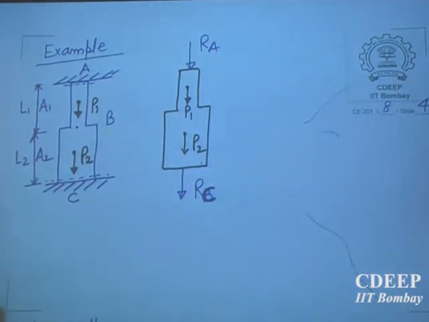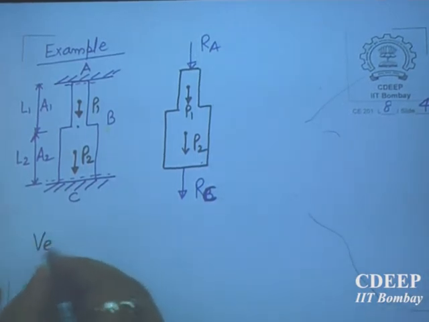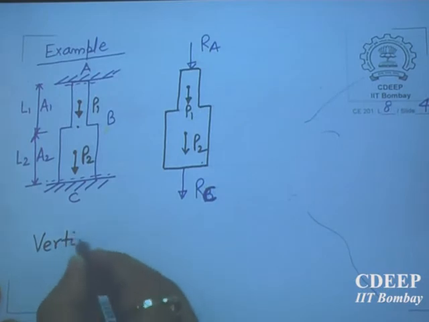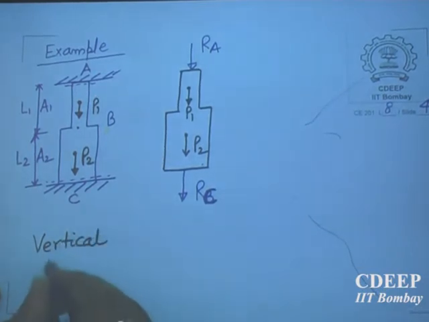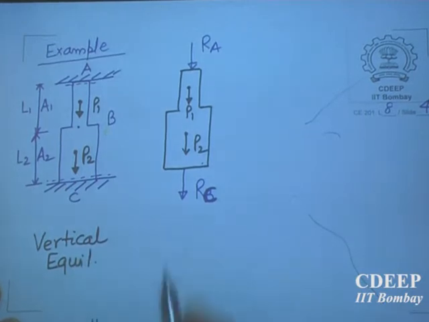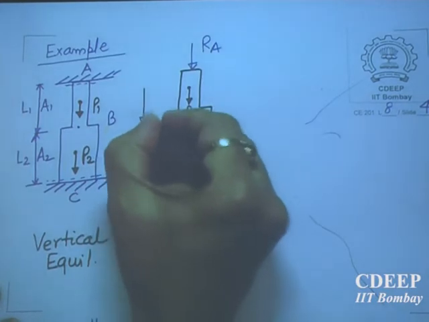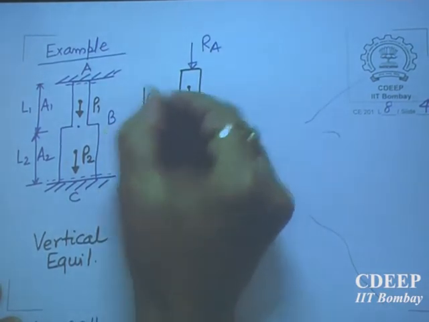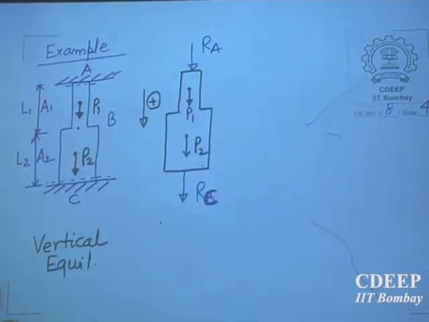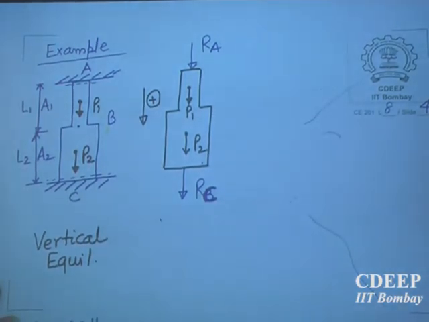Okay, so if you write the vertical equilibrium, this rod is in equilibrium, so I write down the condition of equilibrium. Let us call everything positive in the downward direction, from top to bottom.